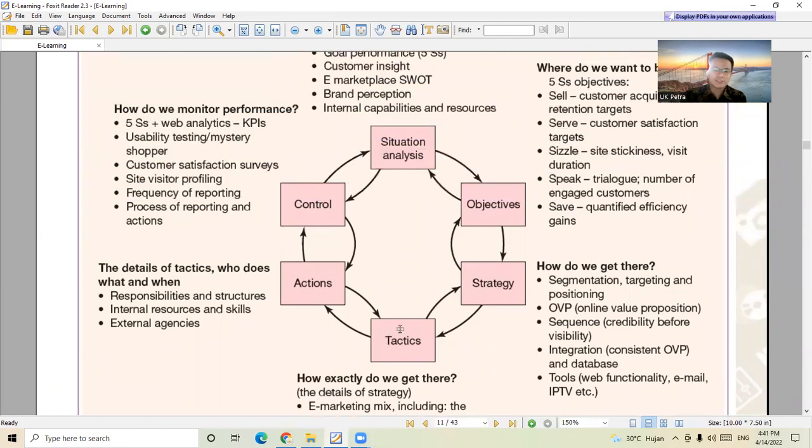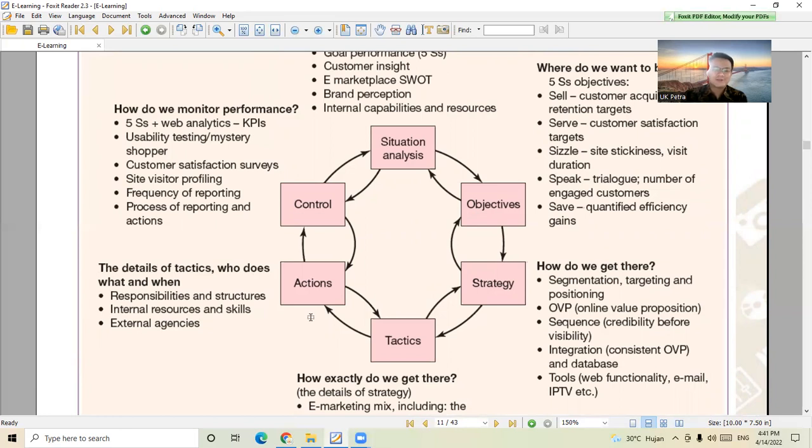After the tactics, assuming that we already have all of this, from the situation analysis to tactics, of course we have to take some actions. It is not that useful if we have strategies, if we have good tactics, but there is no action. We call it NATO, no action, talk only.